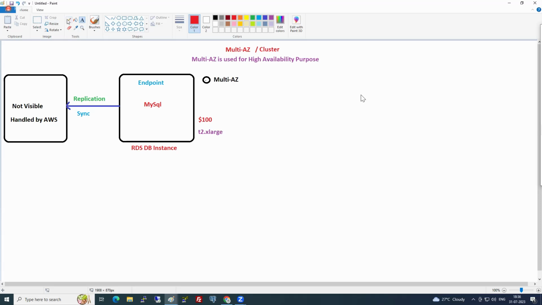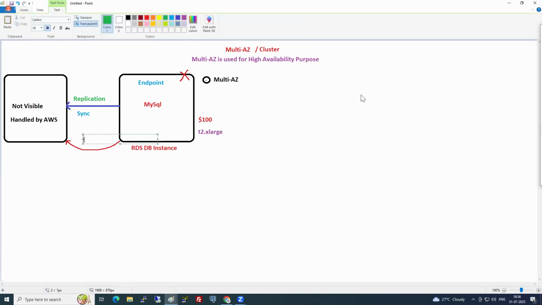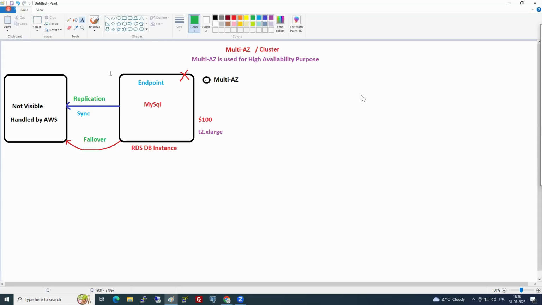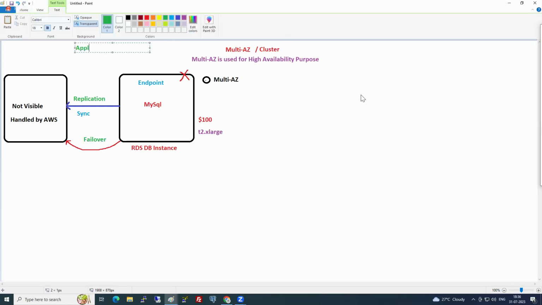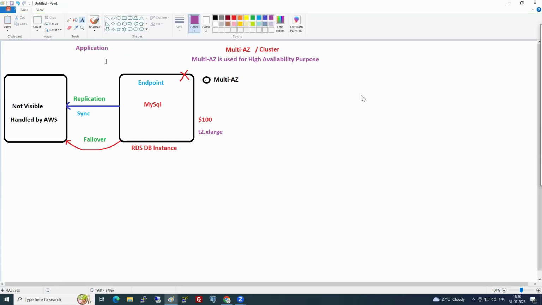Okay, guys, if something goes wrong with this DB instance, failover will automatically happen to this machine. That is nothing but multi-AZ. All your applications are connected to this DB instance, correct? It is connecting to this endpoint.